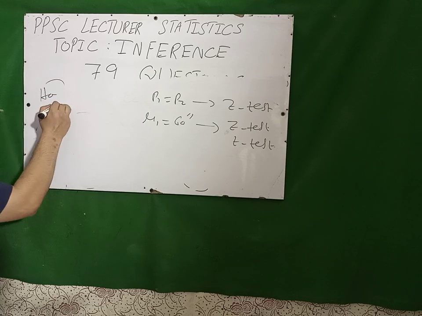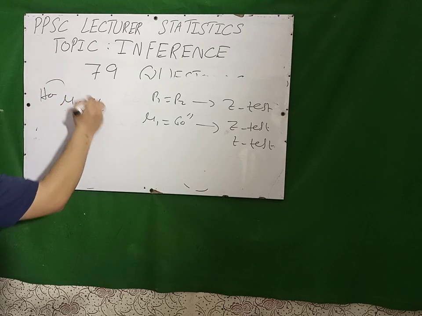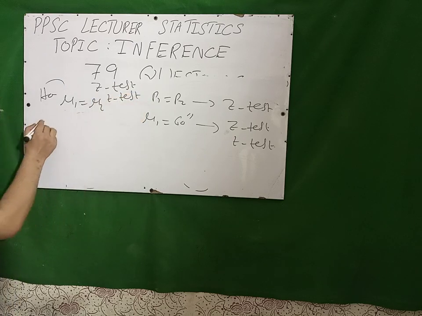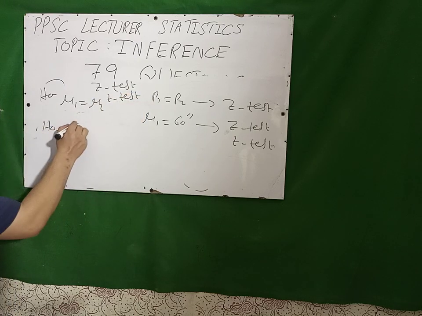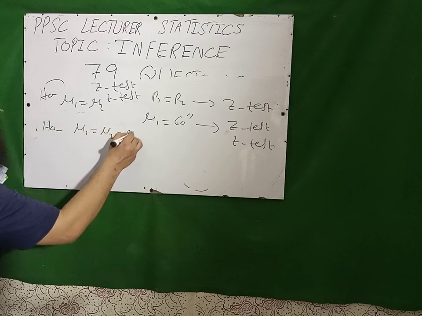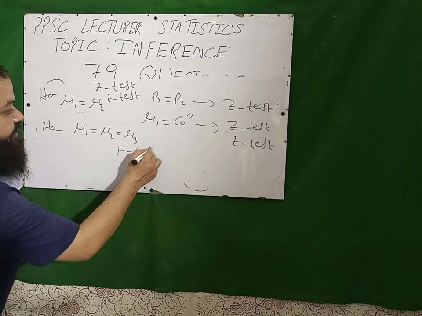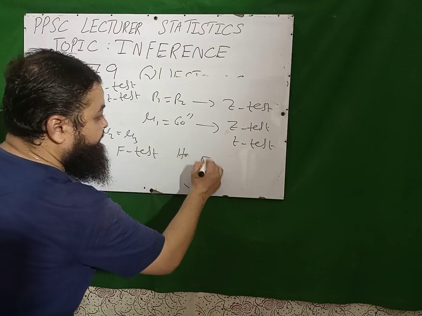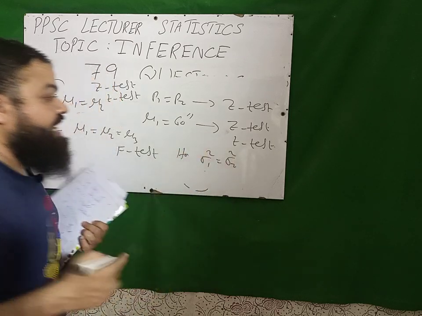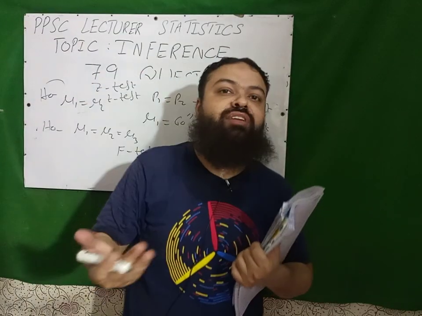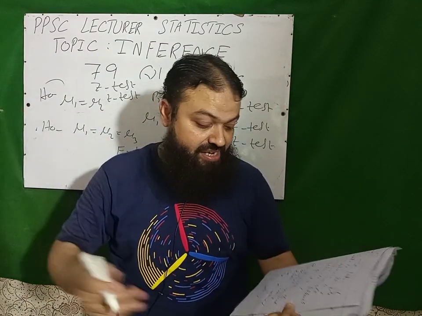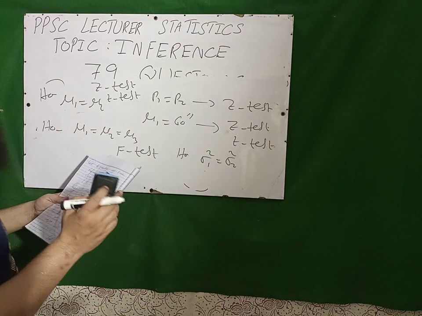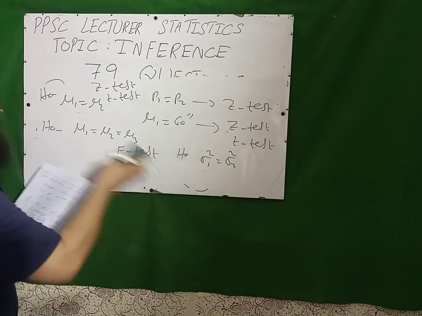If we are testing two population means, we use Z test or T test. If we are testing three means or more than three means, we move towards F test. Very important. Whenever we are testing two variances, we move towards F test, and whenever we have several variances, we move towards Bartlett test. Next question: equality of two population variances can be tested by F test.